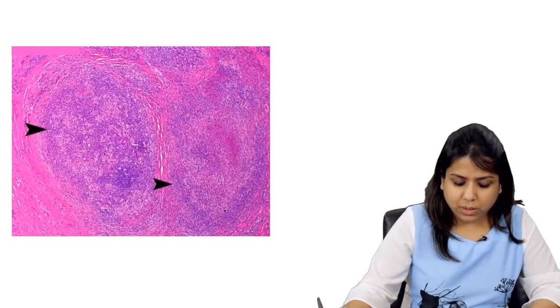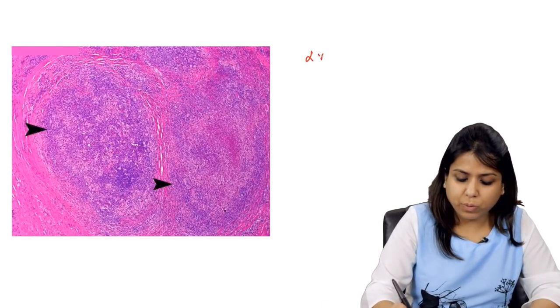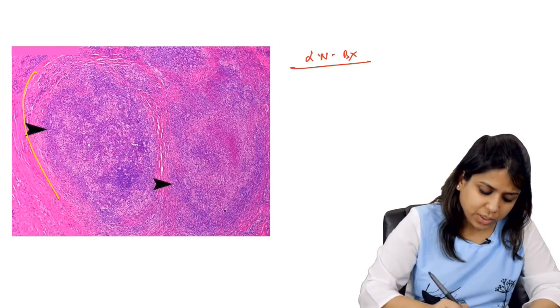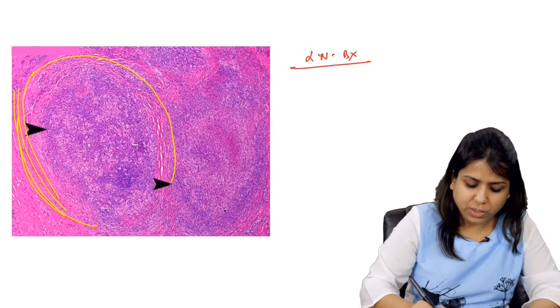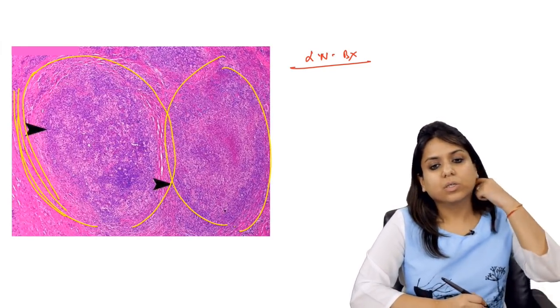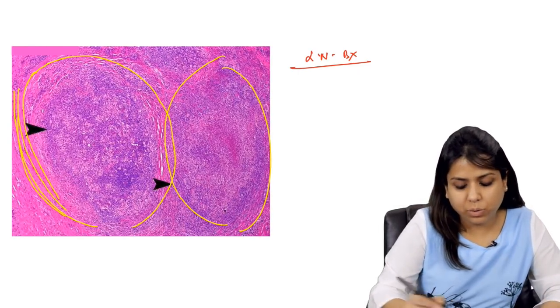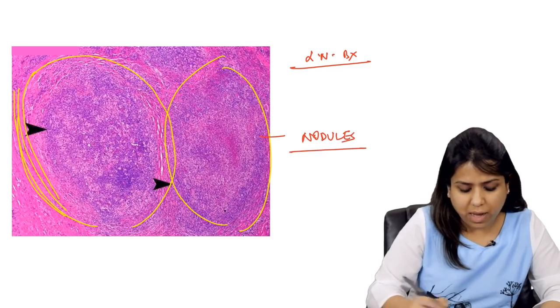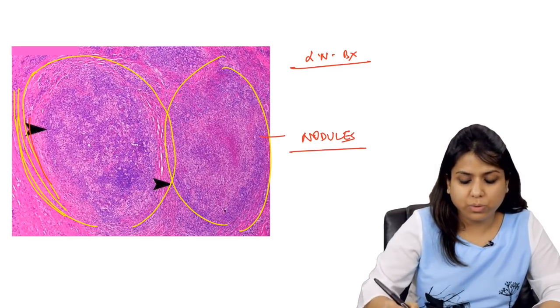Next image, students, this is a lymph node biopsy again. I hope everybody can appreciate the nodular pattern. Can you appreciate these two nodules which you can see? The nodules have pinkish area around.